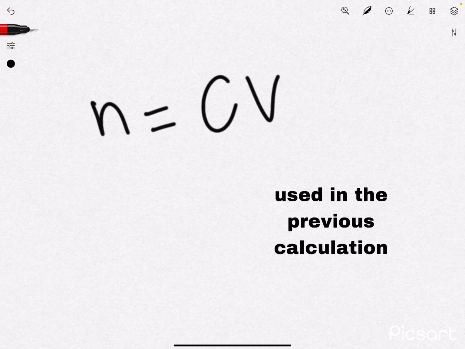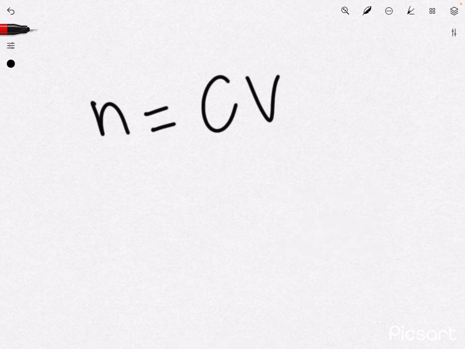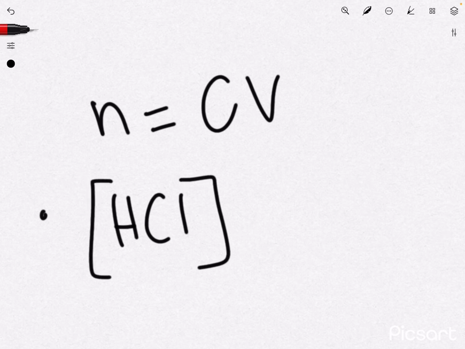Also, just so you know, the formula n equals CV will be one that is given to you in your exams. And one final point that we have to know before wrapping up this little subtopic is that in chemistry, when you use square brackets, such as these, maybe you've seen them before in maths, these are used to indicate concentration.